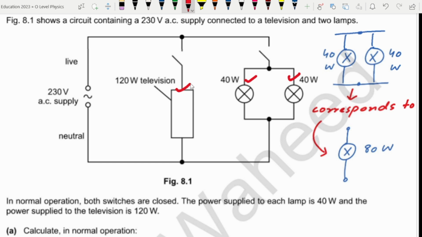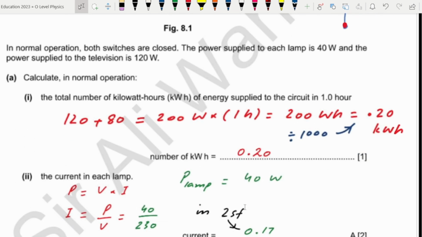We add them. The total power is added. For example, you have a 40 watt bulb here, 40 watt bulb over here. What is the total power? If you were using a single one, it would have been 40, but with two it is 80 watts. So what do we get from here? 40 plus 40, 80 plus 120. We get 200 watts. If you convert it into kilowatts, that would be 0.2. You multiply by 1, you get the same 0.2 or 0.20 kilowatt hours is the answer for the first one.